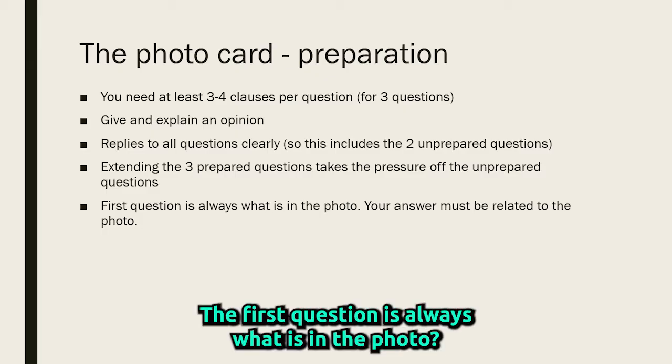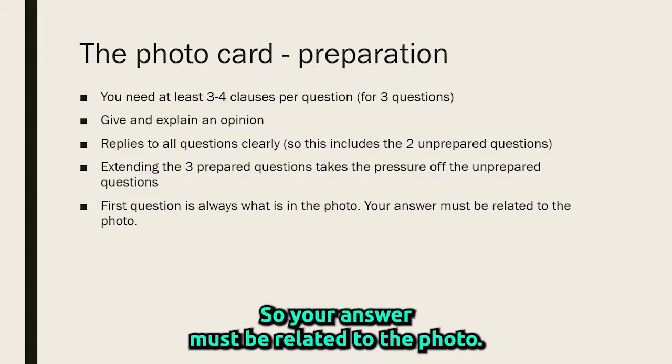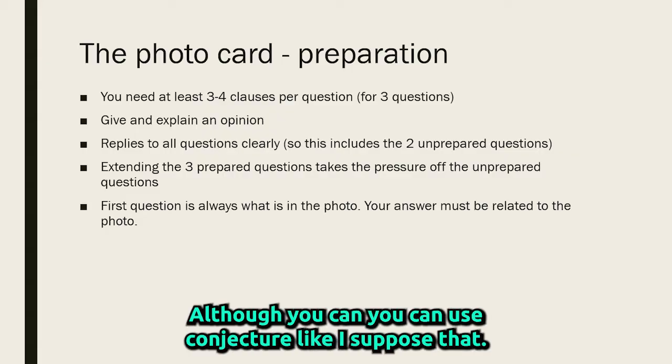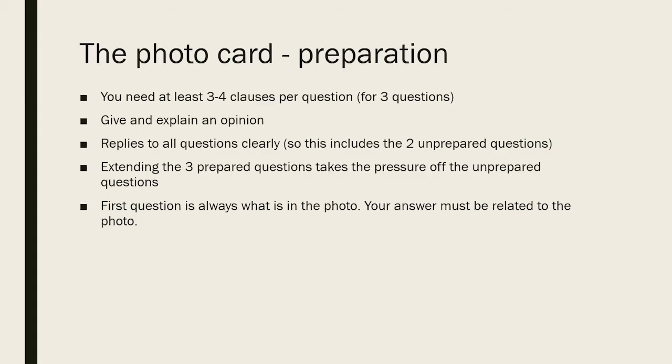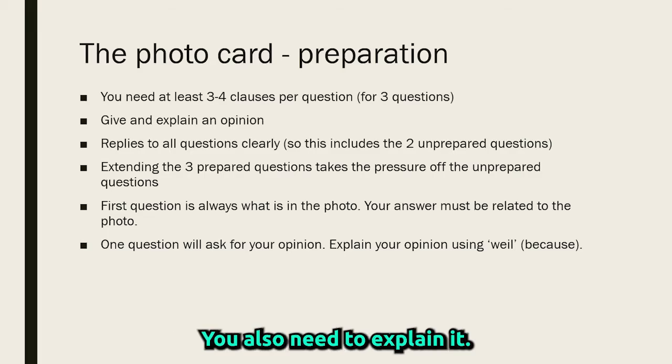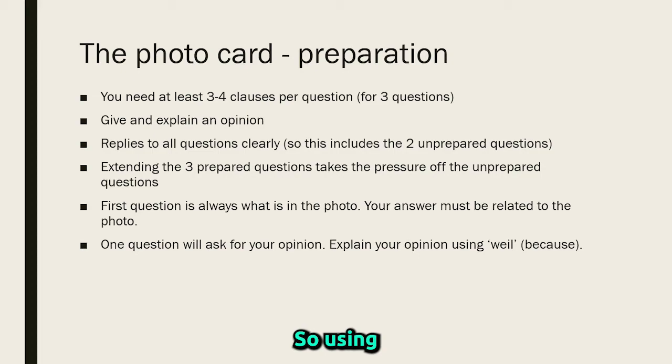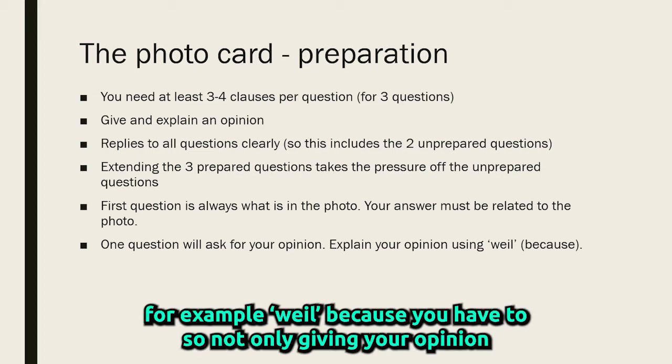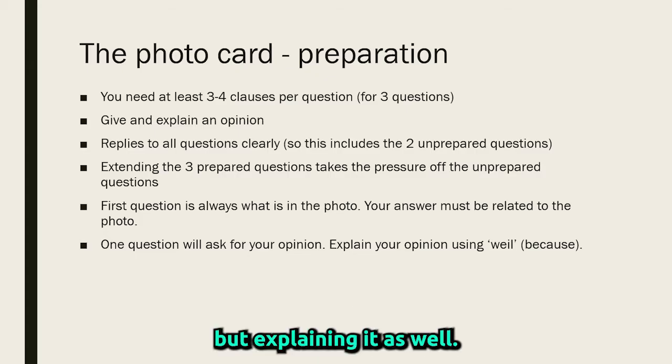The first question is always what is in the photo, so your answer must be related to the photo, although you can use conjecture, like I suppose that. One question will ask for your opinion. You also need to explain it, so using, for example, weil, because you have to, so not only giving your opinion but explaining it as well.